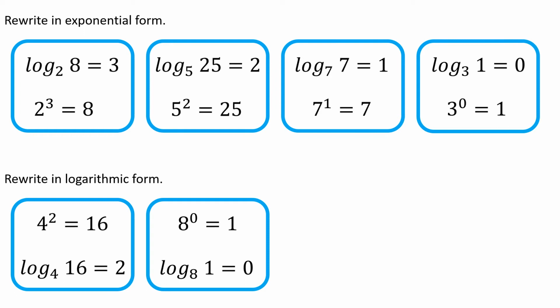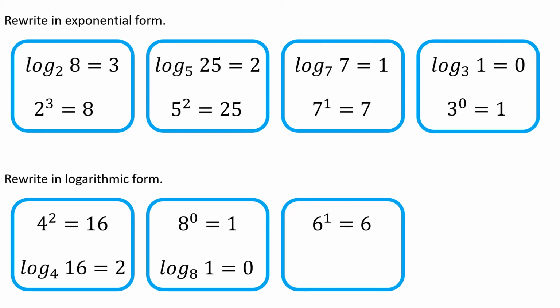Again, notice the base is always positive, and the value that we end up with is always positive. So far I've been spoiling you because I've been making all the exponents positive, but we'll find out that that doesn't have to be the case. The exponents are allowed to be negative.